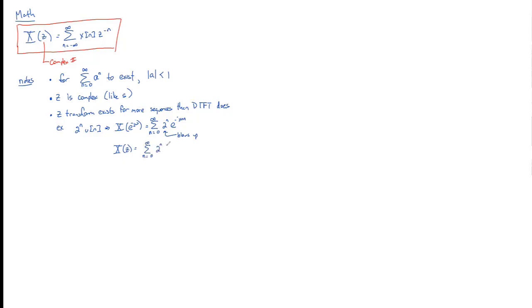Same summation. In fact, it looks a little bit nicer, doesn't it? Because you don't have that e to the minus j omega stuff. But using algebra, you'll need to be able to do this.